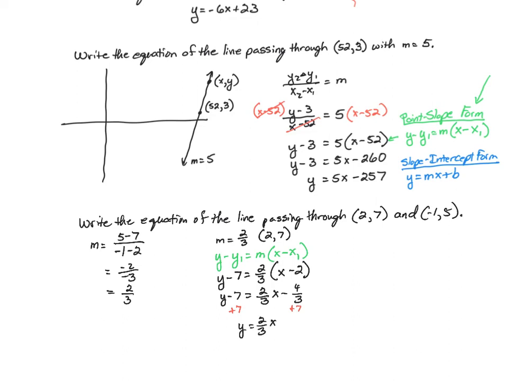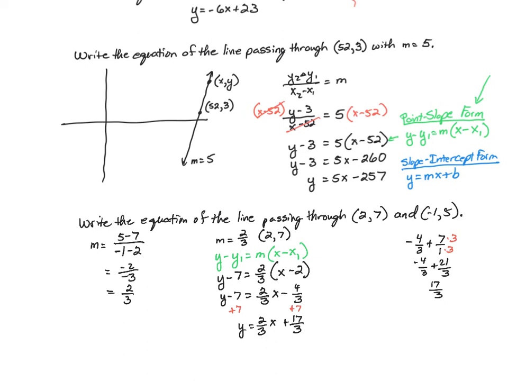So let me come over here to my scratch paper and figure out what negative 4/3 plus 7 is. I need a common denominator of 3. So I have negative 4/3 plus 21/3. That's 17/3. So my equation is y equals 2/3 x plus 17/3, and I have the equation in slope-intercept form.